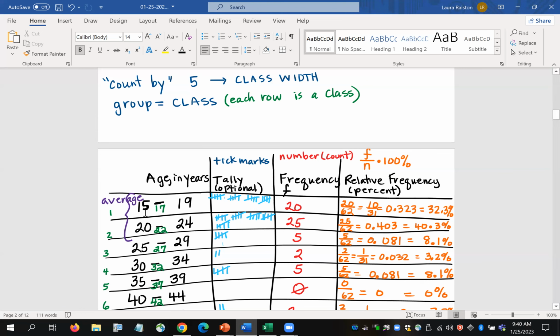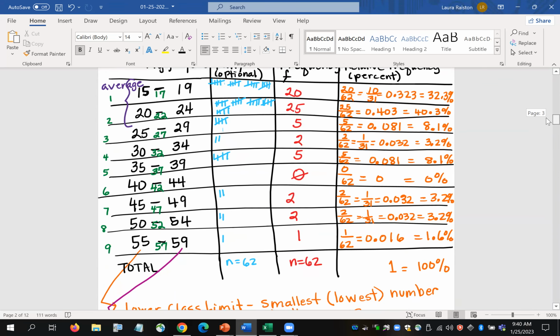We noted that we had to have a starting value that would be low enough to include the lowest value in the data set, and then we have to go high enough to include the highest value in the data set. I encouraged you to use what I would call nice, neat numbers.